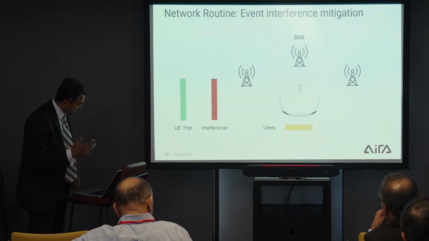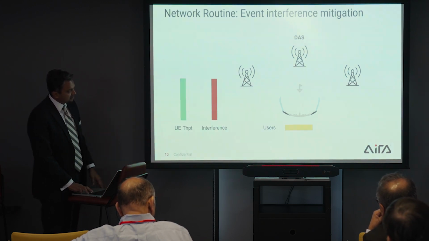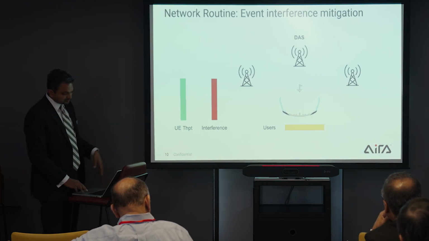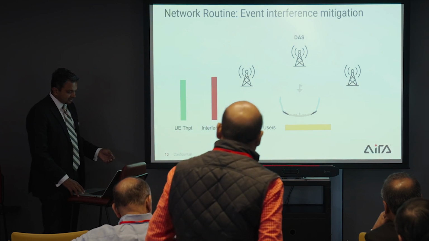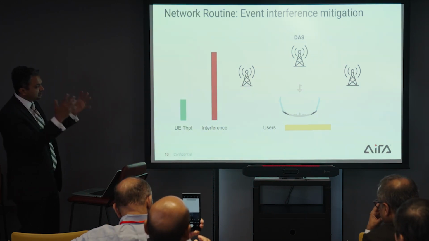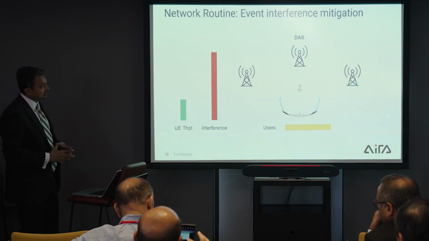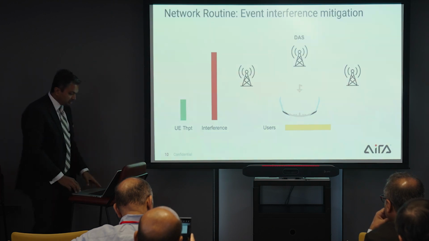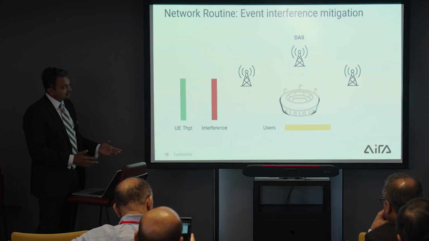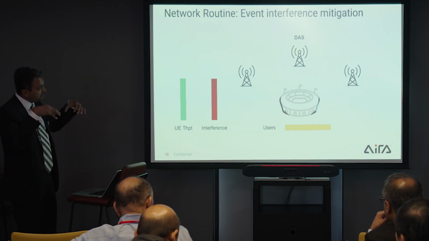Imagine that there's a stadium in the middle, and there's a distributed antenna system, which as the number of users increase, what's happening today is that when that distributed antenna system gets turned on, it's interfering with the other neighbors who are also covering that stadium, and that's causing a drop in the UE throughput and increase in PRB utilization.